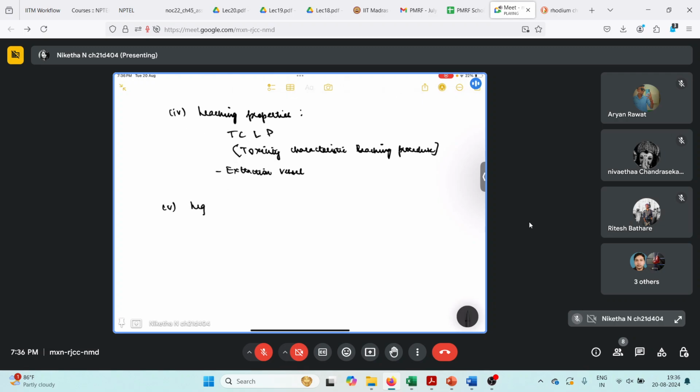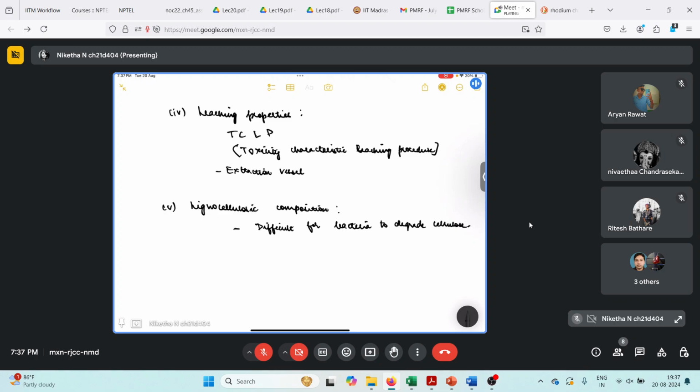And then we have to find out the lignocellulosic composition. It is important to determine lignocellulosic composition because generally when you have waste with a high cellulose content, it becomes difficult for the bacteria to degrade.